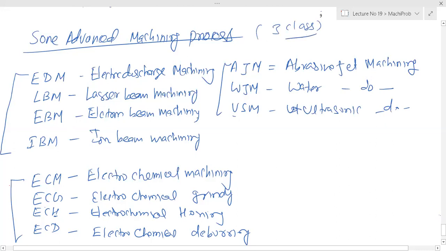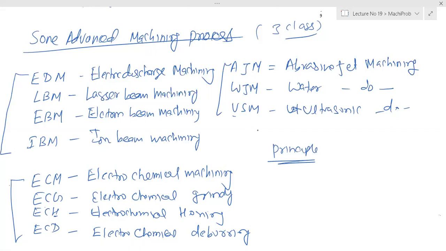So what we have to understand first is the principle of each, how it works, what the peculiar characteristics are, what the various parameters involved are, the limitations, advantages, some applications, and the entire process.